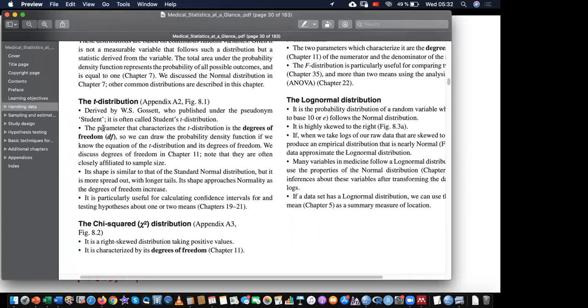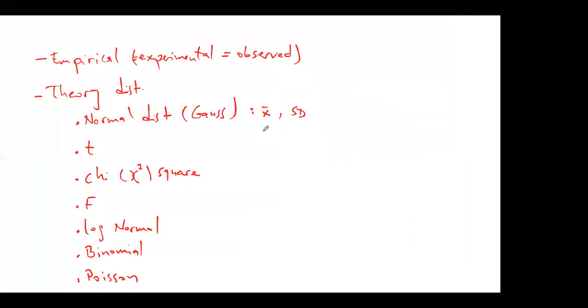And the parameter that characterizes the t distribution is the degree of freedom. Okay, what is it? The parameter that defines the t distribution is the degrees of freedom, df. Degree of freedom is simply expressed as n minus 1. In another course session, I will explain why it is n minus 1.